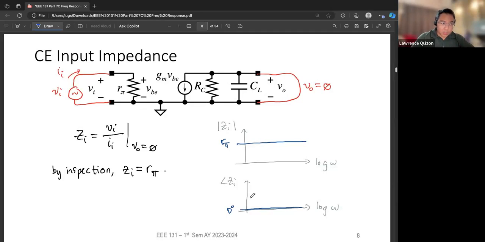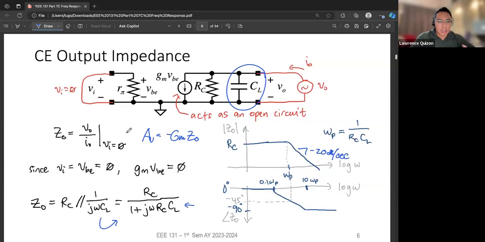Also, the input impedance is just Rpi, because we short this, these two disappear, and it becomes a regular CE two-port. We see that it's Rpi because Vin over Iin is logically Rpi, no?